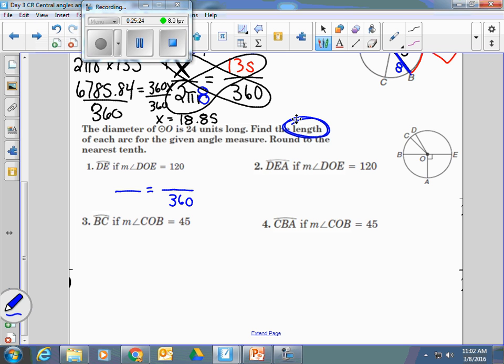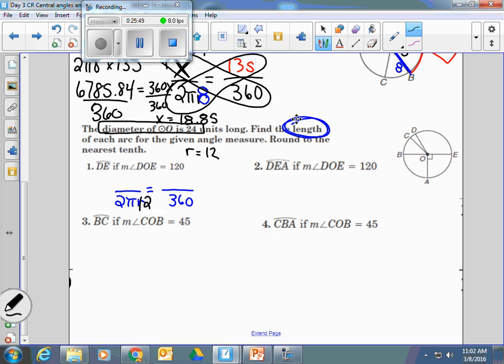And what goes on the bottom right here? 2 pi r. Do we know the radius? It's 12. How'd you get 12? The diameter is 24. Good. Up here it told me the diameter is 24, which means my radius would be 12. So this number right here should be a 12.